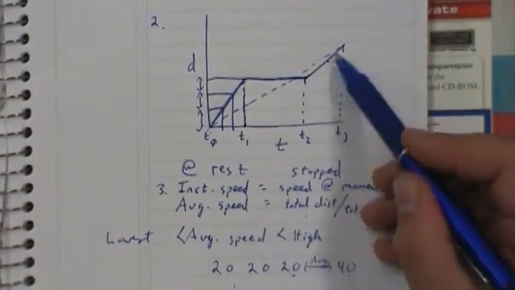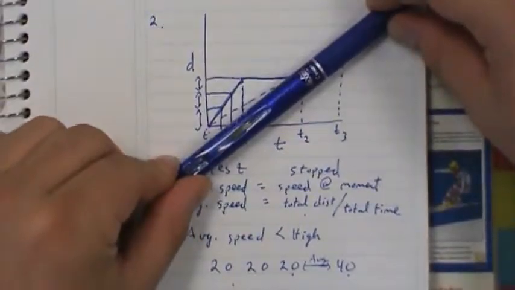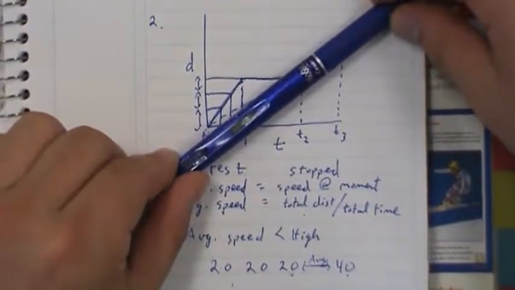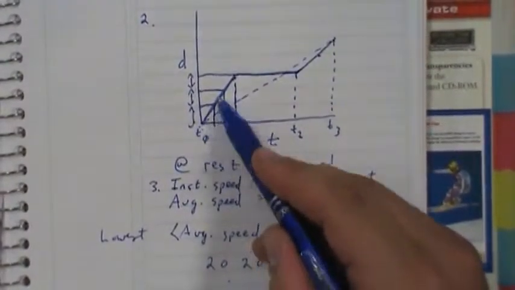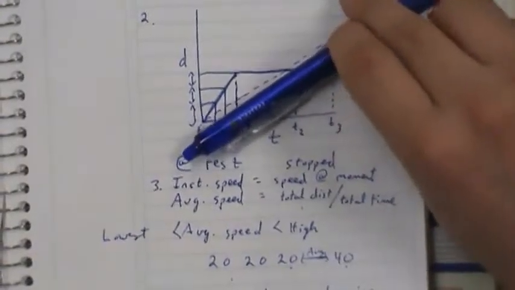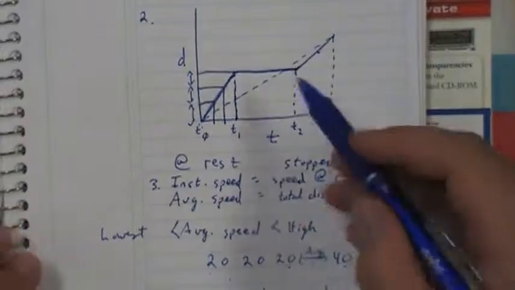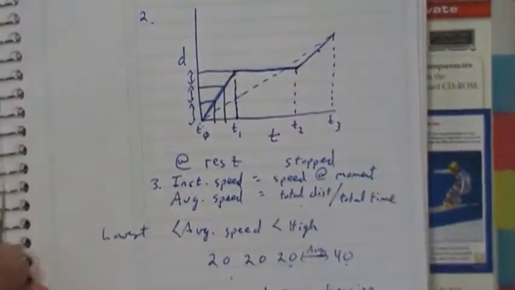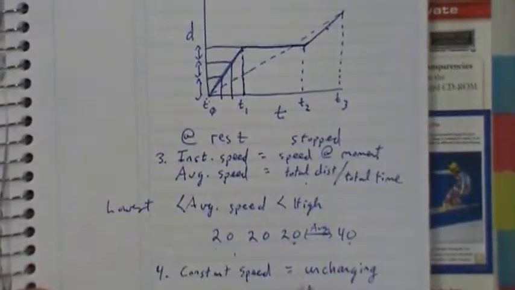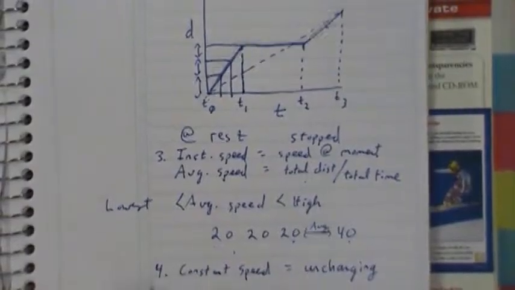And this line is slightly shallower, so slightly slower than this first initial speed. We are less steep than our highest. We are steeper than our shallowest because the average falls in between. So constant speed never changes. Average speed is just your speed for the entire journey. All right?